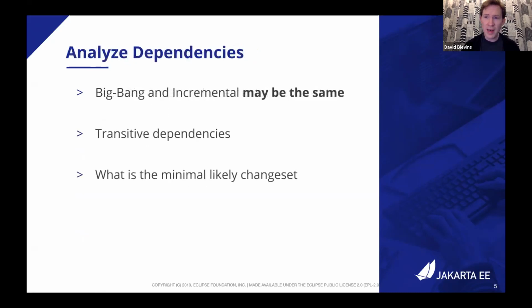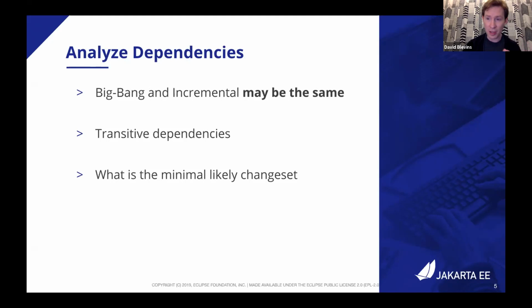The other one is analyzing the dependencies. The reason that this is important is because it could be the case that if we changed one spec, the domino effect to all the other specifications is so great that the line between incremental and big bang is minuscule and not important. And so we have started the work on dependency analysis, and there's a lot you can do on that.